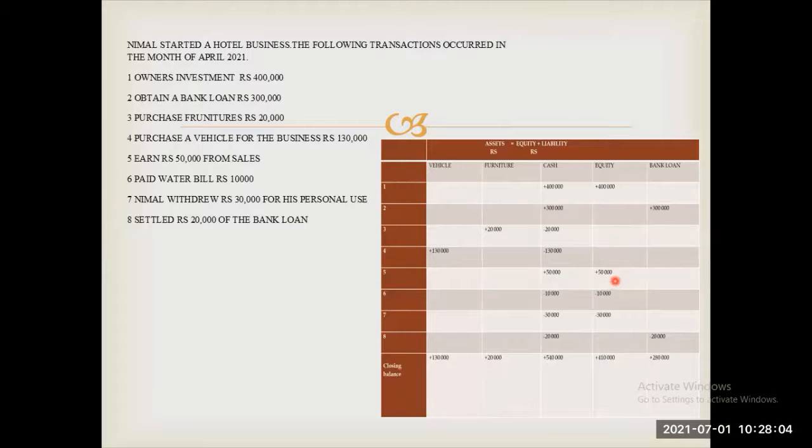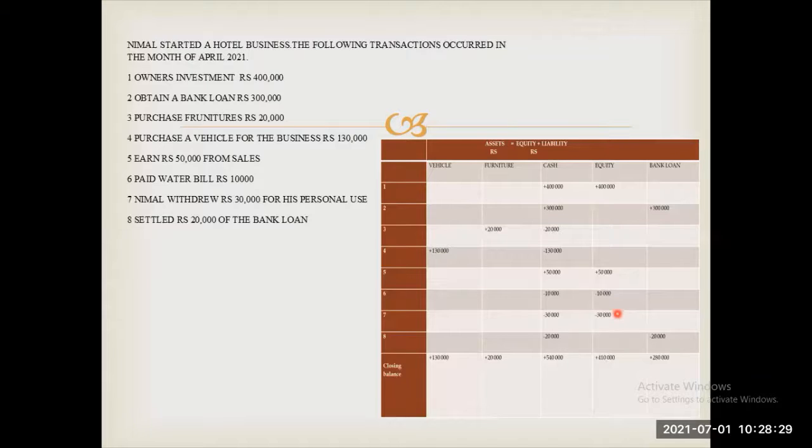Here it is the income actually, so the sales earnings go to the cash plus and it will increase the equity also. And he paid off the bill of 10,000, that means the cash will be subtracted by minus 10,000 and the equity value also will be minus 10,000. Nimal withdrew 30,000 for his personal use.